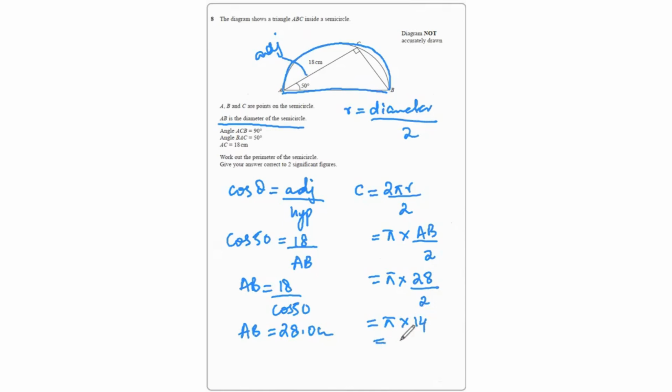And that gives us 43.98. So perimeter is going to be 28 plus 43.98, which equals 71.98. And they want the answer correct to two significant figures. So that's going to be 72 centimeters. That's the perimeter of the semicircle.